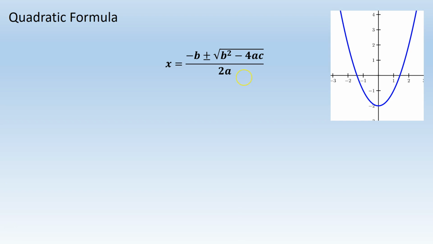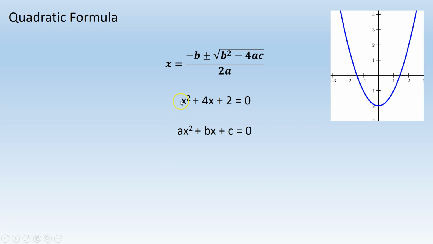We've got no values in there, so we've got a's and b's and c's. But how do they relate to the equation that we started with, our problem? So we have x squared plus 4x plus 2 equals 0. That's our quadratic equation that we're going to solve. So we're going to look at what relates to what. This part here, the x squared, is the a.